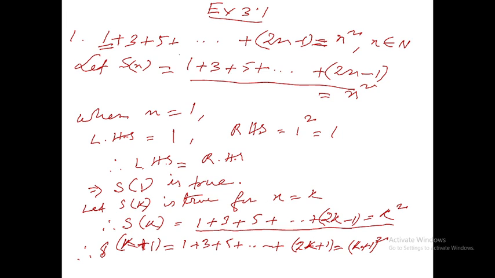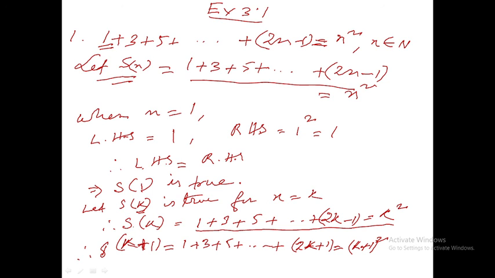First what we did? We took Sn equal to the given statement. Then we put n equals 1, and checked the left hand side and right hand side. That means statement S1 is true for n equals 1. Then you let Sk be true, that is, the statement Sn is true for n equals k.